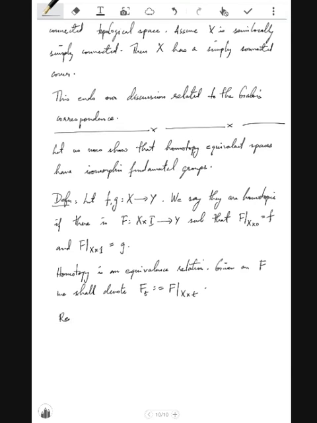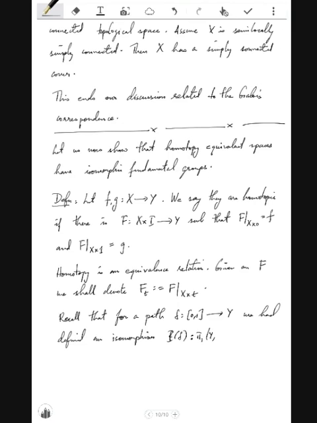So recall that for a path delta from [0,1] to Y, we had defined an isomorphism phi delta from pi 1 Y of delta 1 to pi 1 Y of delta 0, given by gamma maps to delta star gamma star inverse of delta.